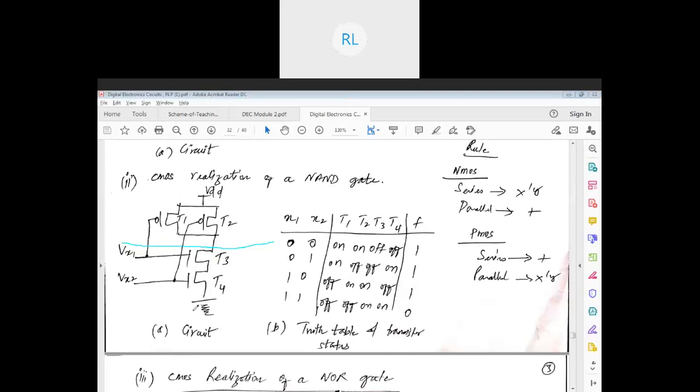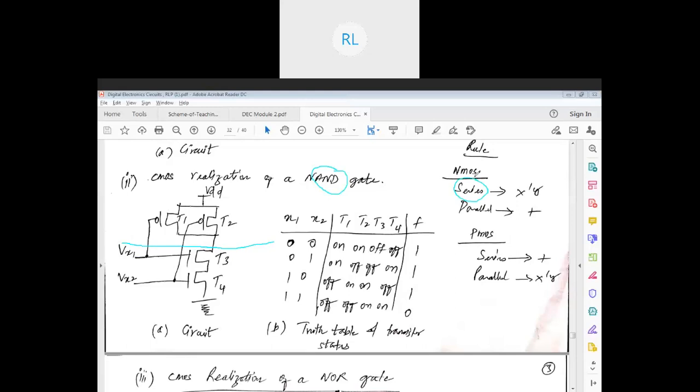The first half is going to be your pull-up structure, and the next half is going to be your pull-down structure. Now at the bottom we have NMOS transistors. All of you pay attention. At the bottom we have NMOS transistors, and at the top we have PMOS transistors, right? This is our pull-up network and this is our pull-down network.